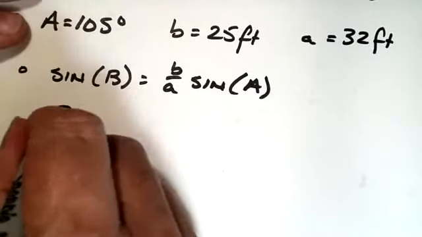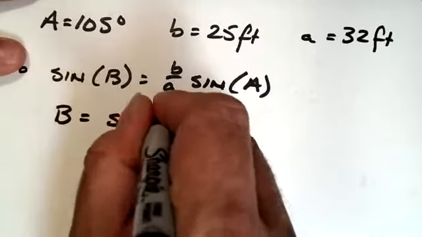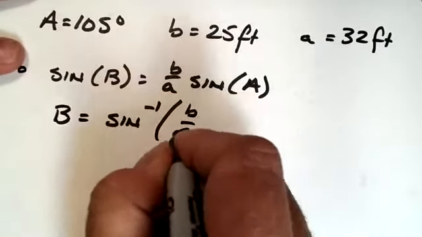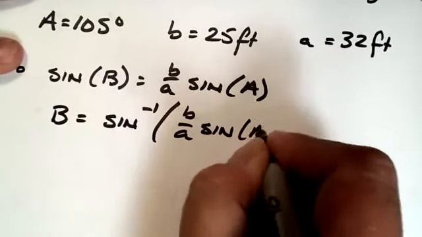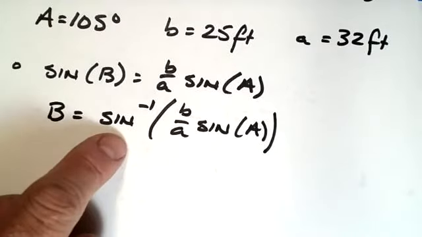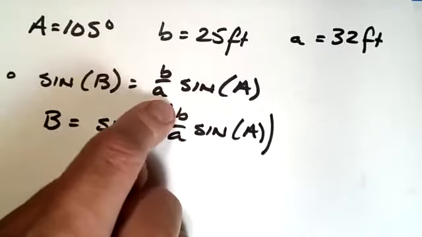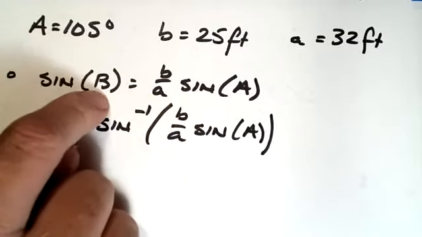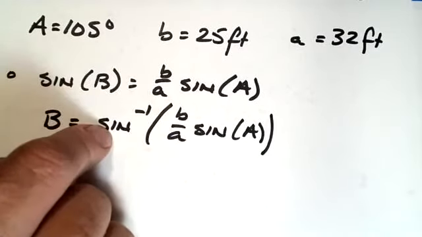So B, in this particular case, becomes the inverse sine of B over A sine of A. Now, as we talked about in the last couple sections in 2.4, when we're taking an inverse trig function, we want to be super careful, because it doesn't necessarily have the only solution. In this case it's okay because this is going to be a positive number less than 1, which will give us an angle that's acute.